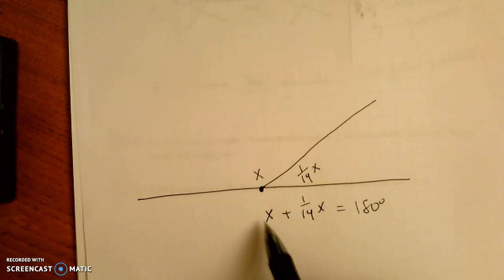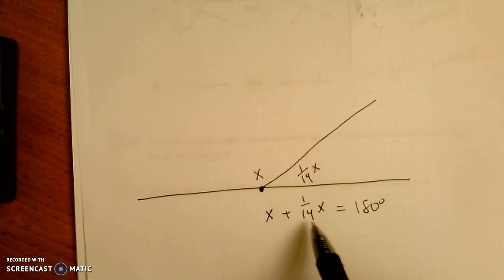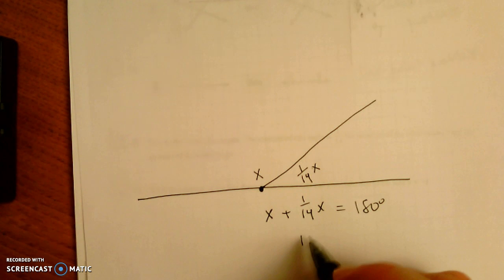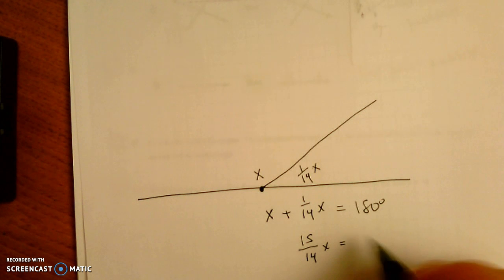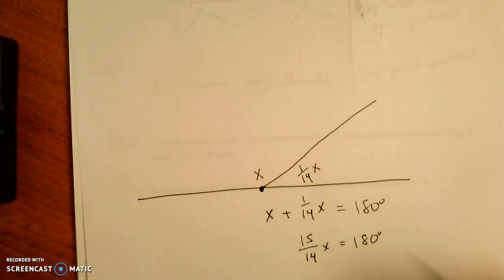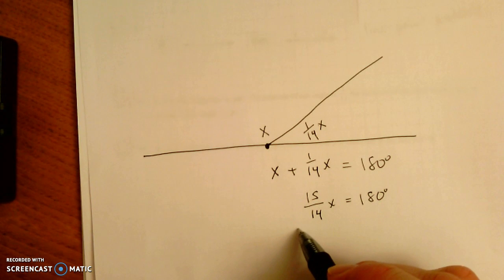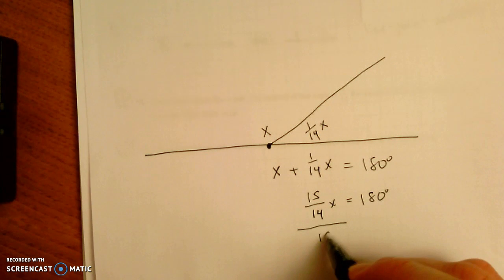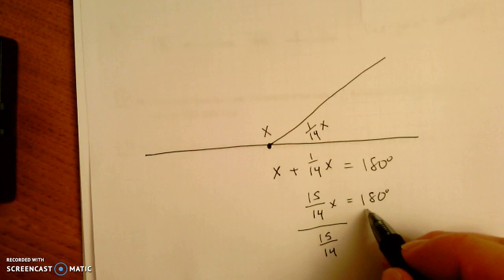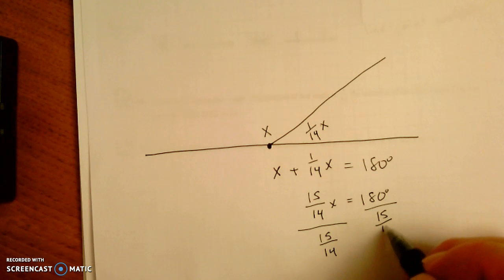So when we add 1x and 1/14 x, we get 15/14 x equals 180. So then we need to divide both sides by 15/14.